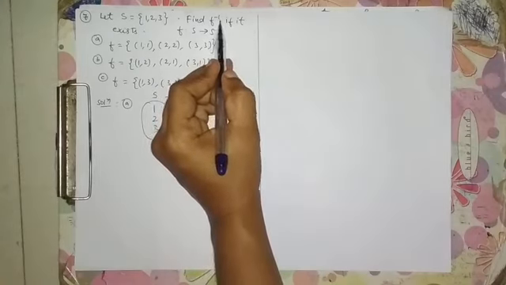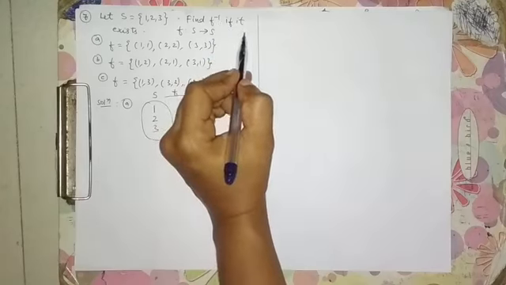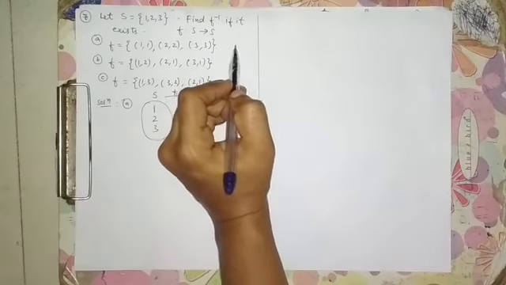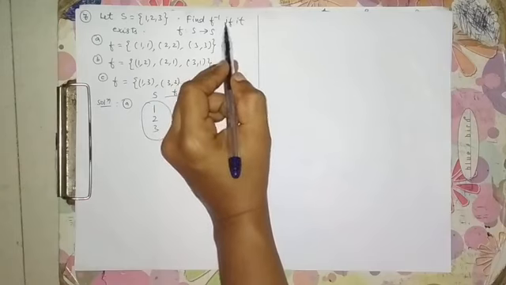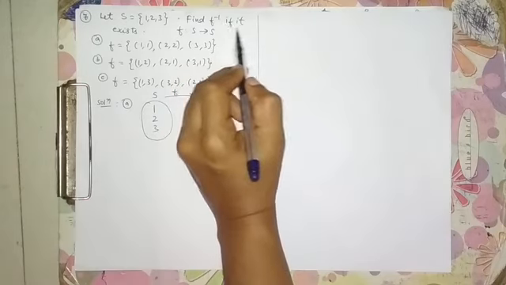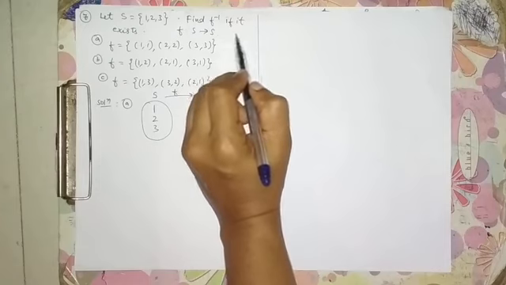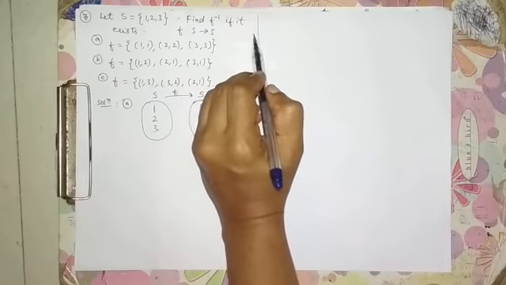For it to be invertible, the function should be one-one and onto. Only if that is satisfied will you get the answer for F inverse. Otherwise you have to write that F is not invertible, there does not exist any F inverse.